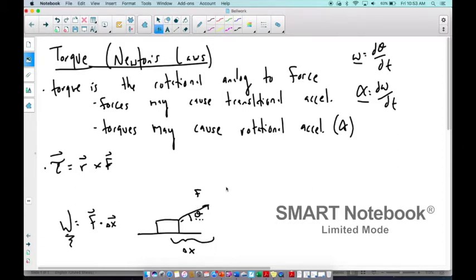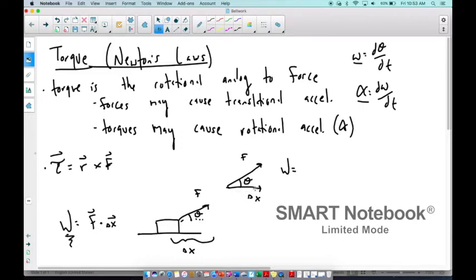So we would say that work then is this. We would draw those two vectors tail to tail. There's my force vector. Here's the displacement vector. And there's the angle between the two vectors, where I would say that work is the component of force that lies parallel to that displacement, the force that has caused that displacement.